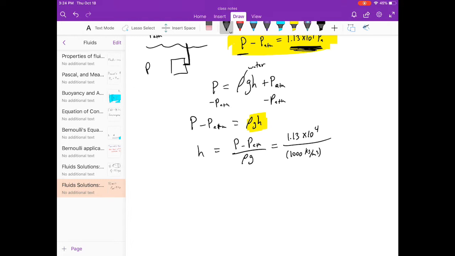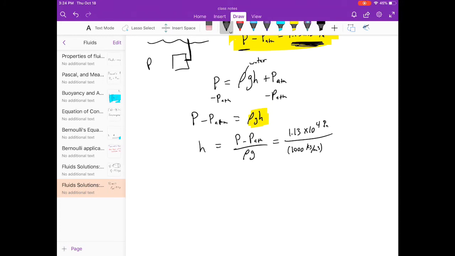We need to use kilograms per meter cubed because our pressure is in pascals and we need the units to match up. Pascals are newtons per meter squared, so we need to make sure our other units match. Gravity can stay at 9.8 because meters per second squared matches up with pascals.